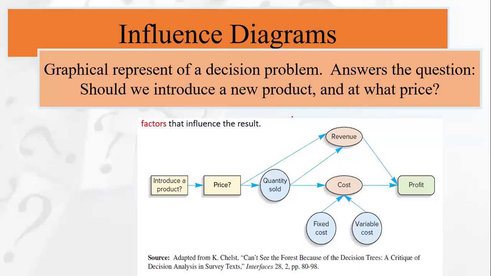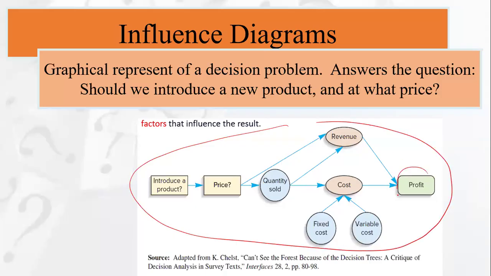So, modeling preferences and utilities, you can create an influence diagram. It looks like this. All factors that influence the result are here, and this is the total result. The factors that are influencing are like a fishbone diagram. Finally, the result is coming here.